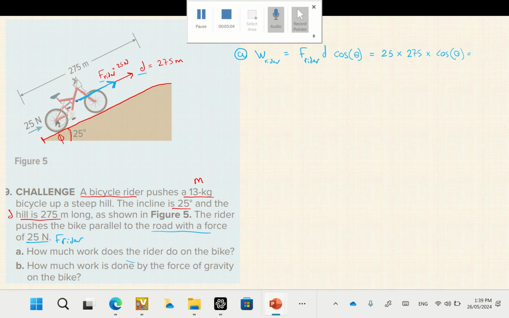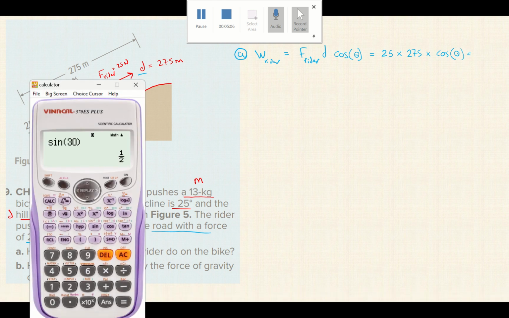That will give you 25 times 275 times cosine 0. Remember, cosine 0 is 1. So that's going to give you, oh, sorry, I made a mistake. It's 25, not 22. 25 times 275 times cosine 0 equals 6,875.